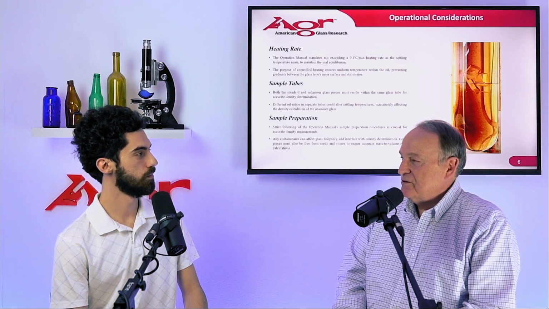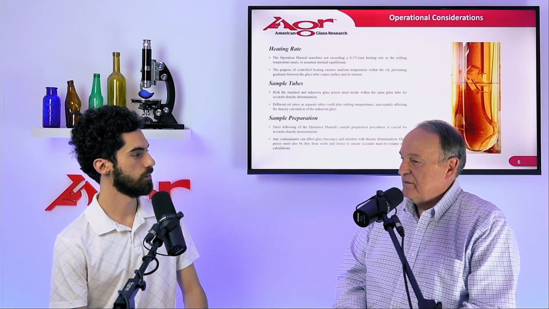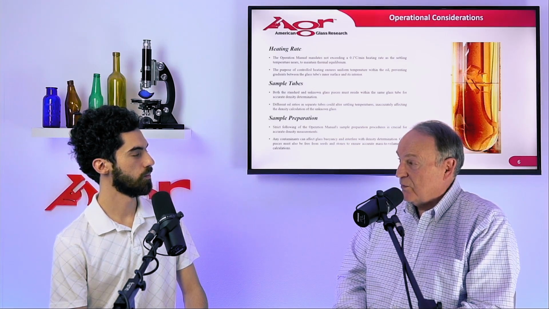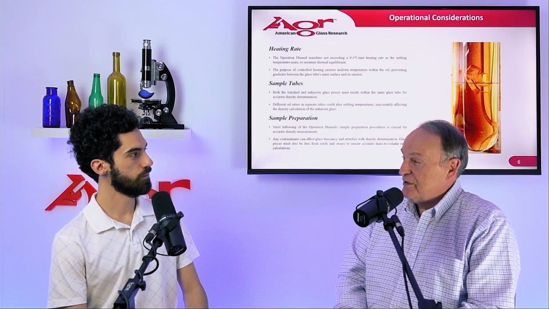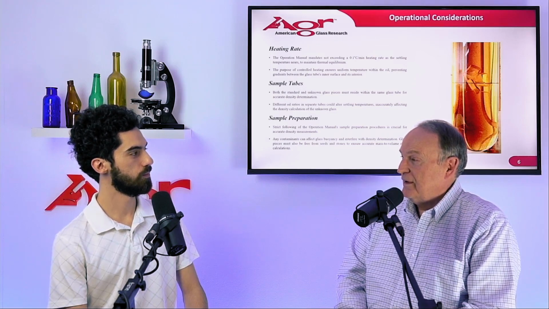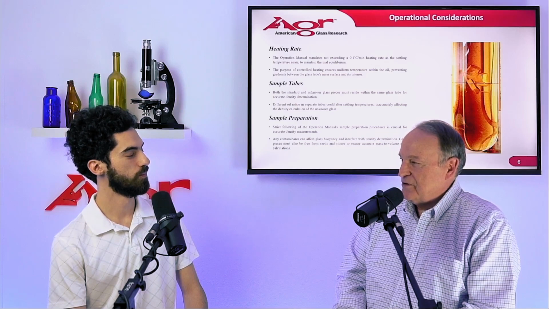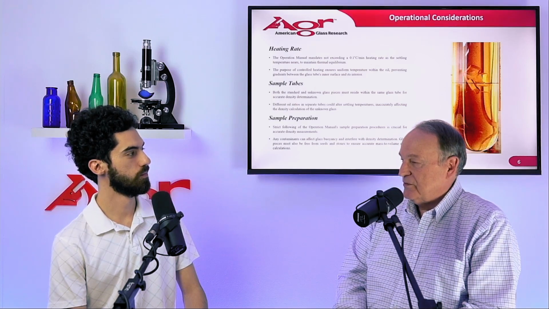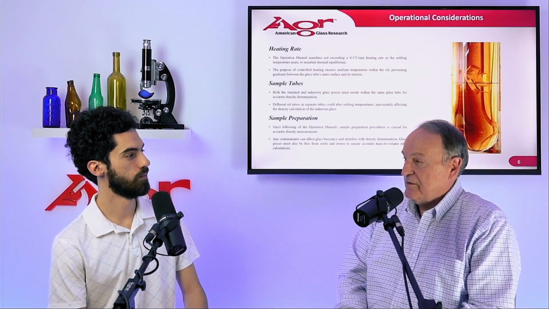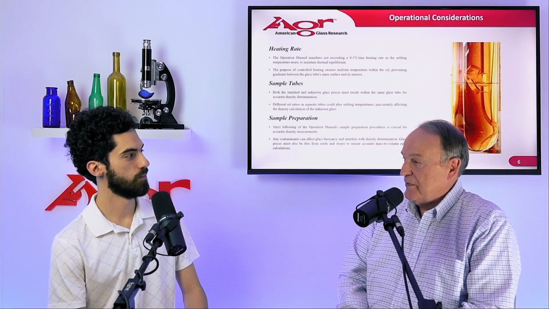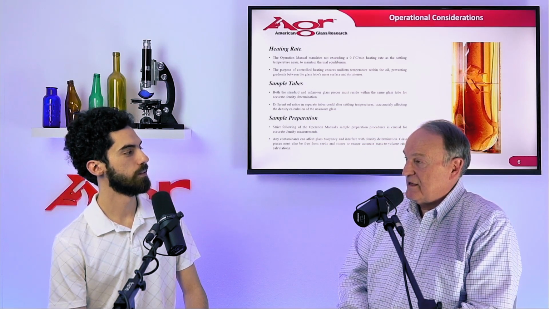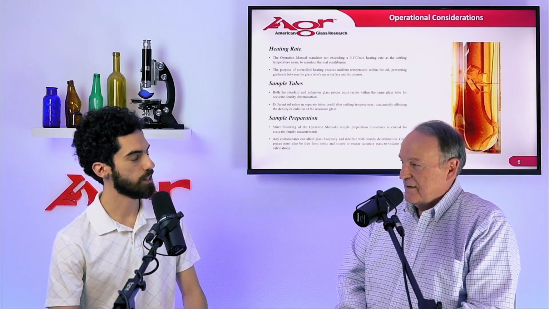If you're heating too fast, you may have a higher temperature along the inner walls of the tube and a cooler temperature in the interior of the oil. You don't want that because you want the oil to be as uniform as possible. Therefore, the heating rate of 1/10 degree centigrade per minute is specified in the ASTM standard, and that's why it's set to that automatic value from the knob.